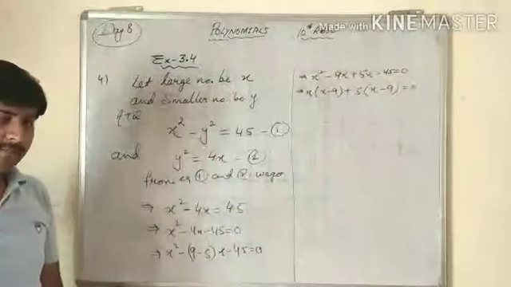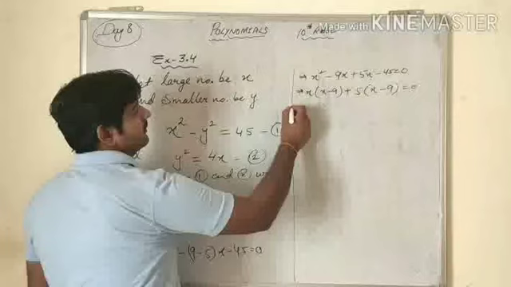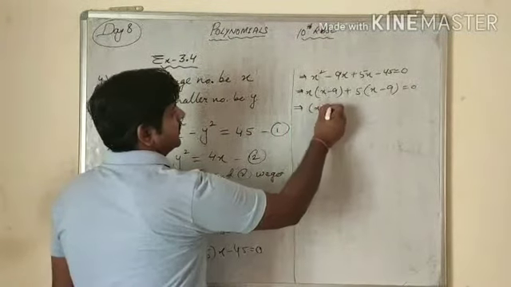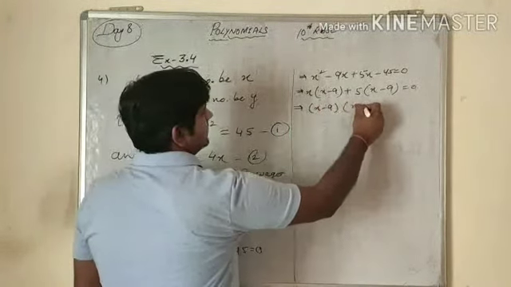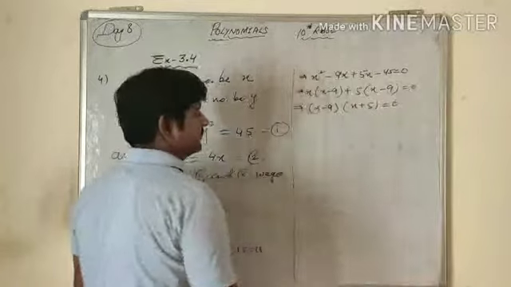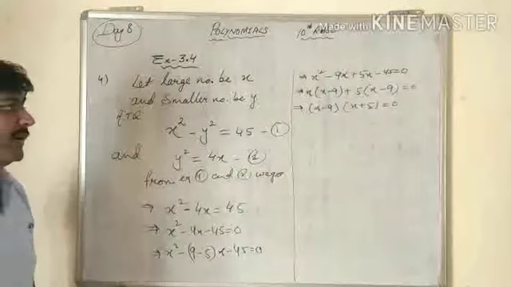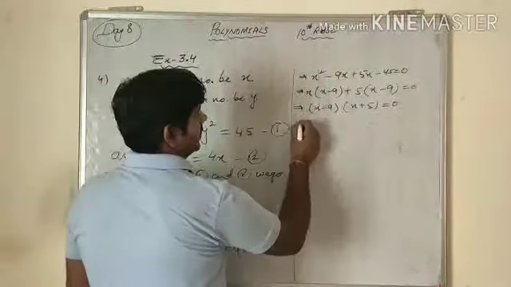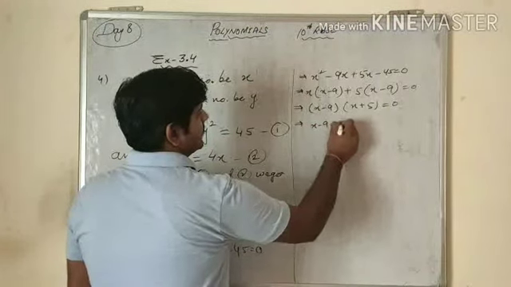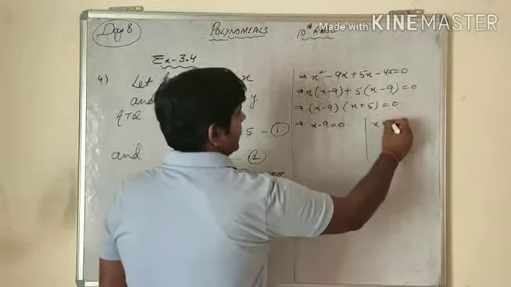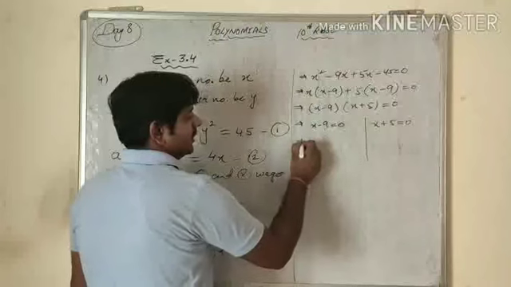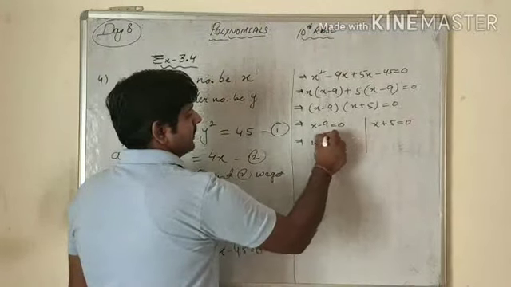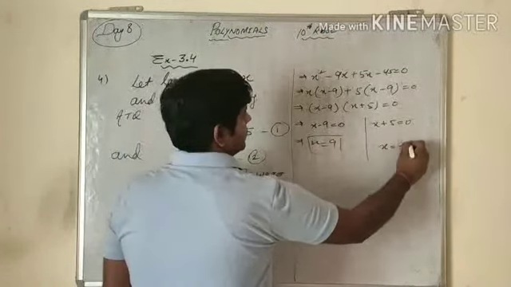Both the brackets are the same, so we take out x minus 9, and whatever is left is x plus 5. Now let's find the values of x. x minus 9 equals 0 and x plus 5 equals 0, so x equals 9 and x equals minus 5.